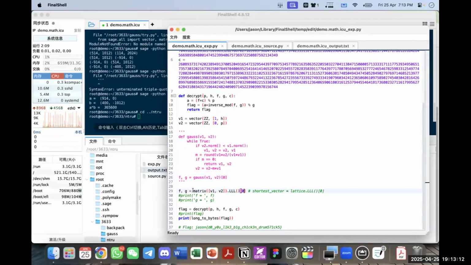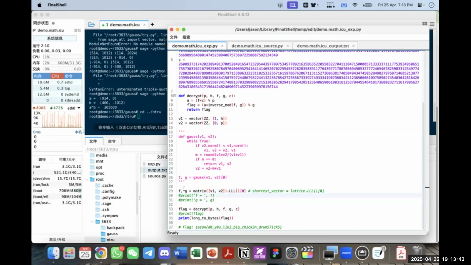So we use this matrix combined by V1 and V2, and perform the LLL reduction. The first row of the matrix after LLL reduction is the shortest vector, so we take index 0, the first row.